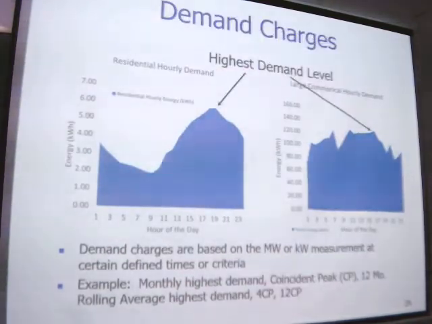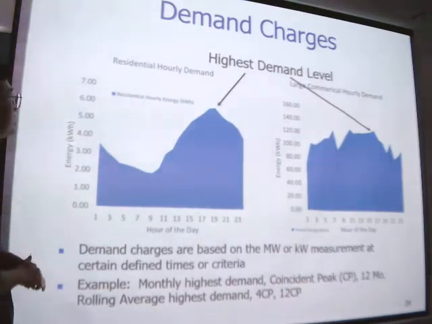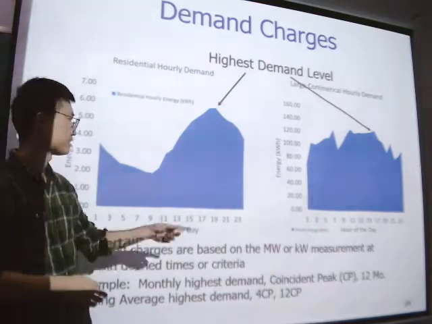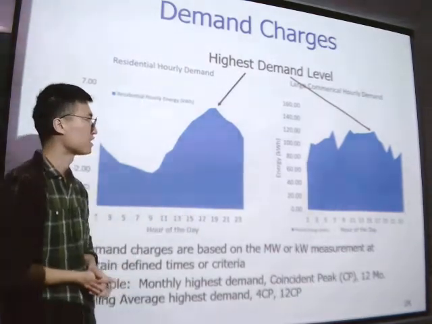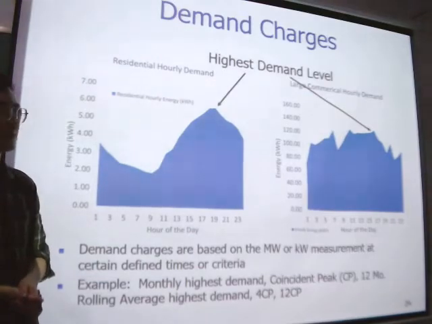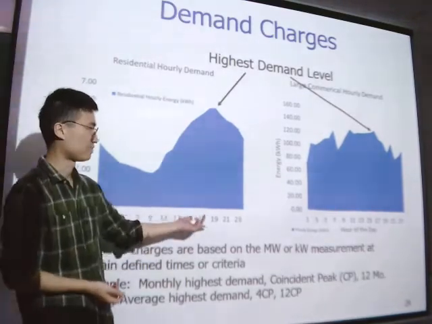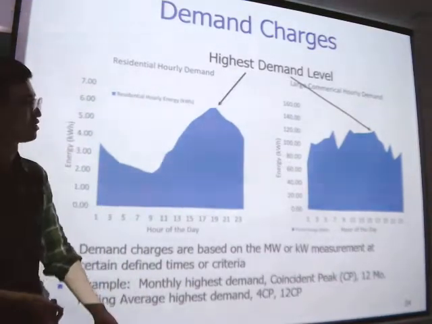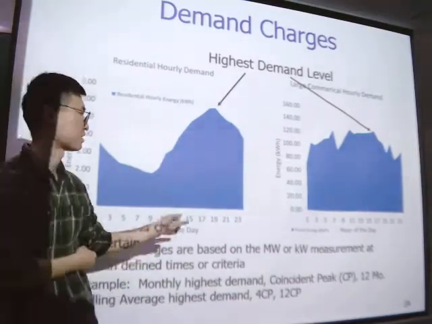Next we'll see the demand charge by hours of the day, at night. Everybody goes back to the dorm or back home, so we spend more money, or consume more electricity, during the night time.